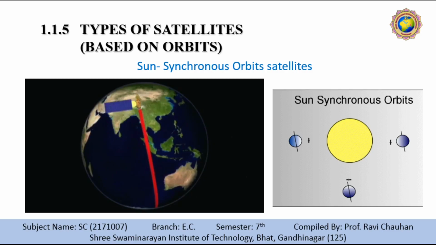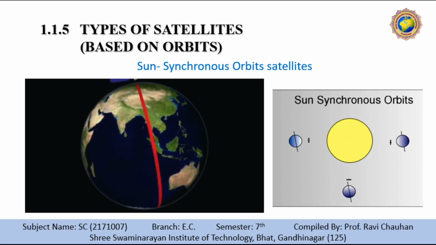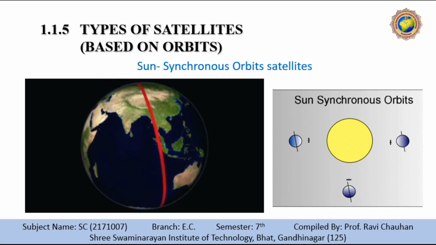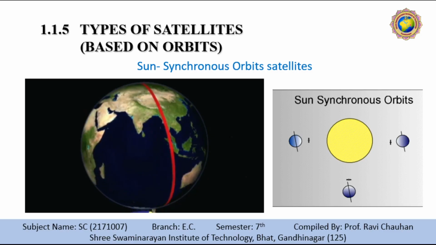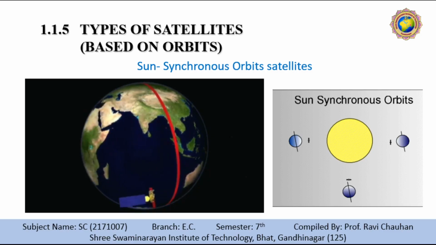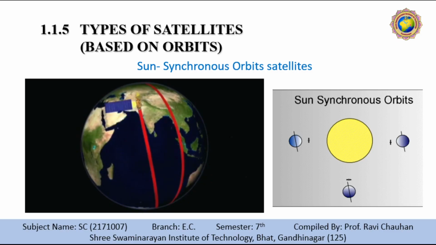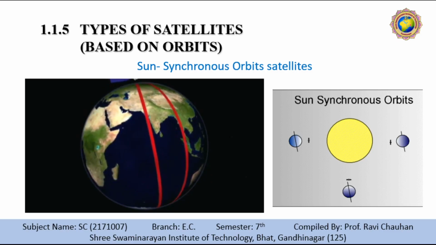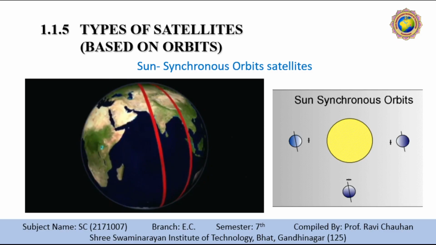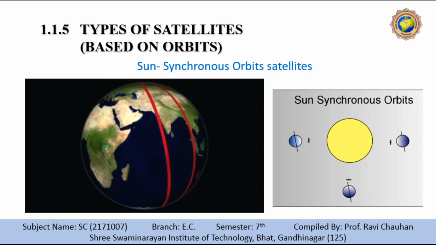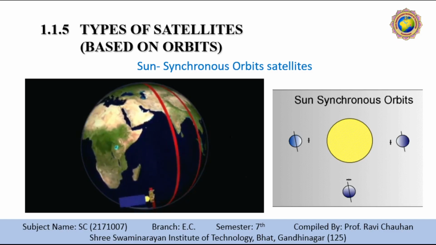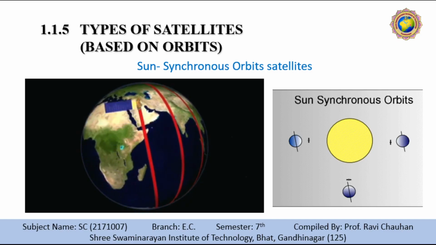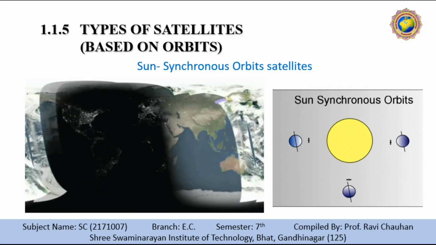Special cases of the sun synchronous orbit are the noon or midnight orbit, where the local mean solar time of passage for equatorial latitudes or longitudes is around noon or midnight, and the dawn dusk orbit, where the local mean solar time of passage for equatorial longitude is around sunrise or sunset.